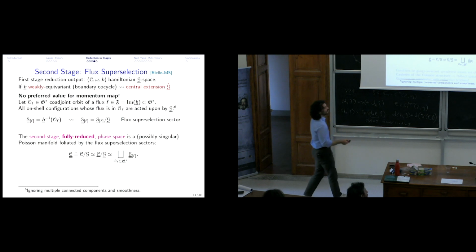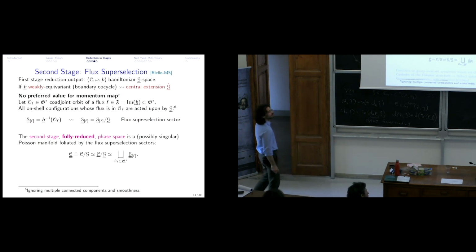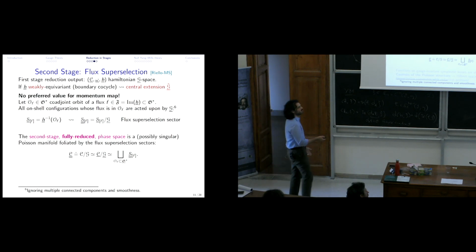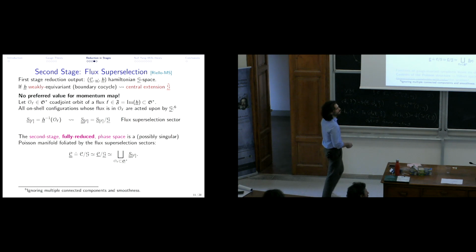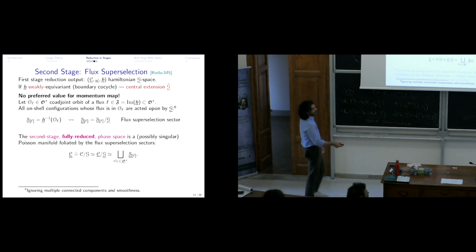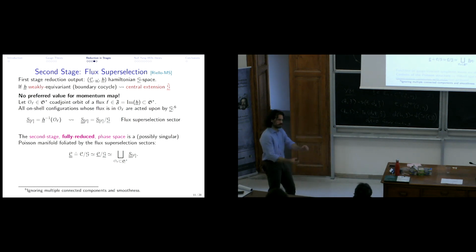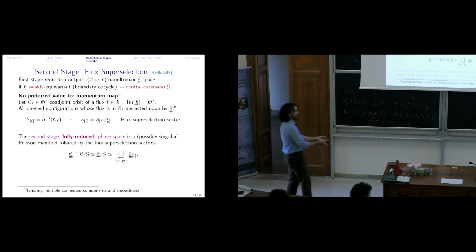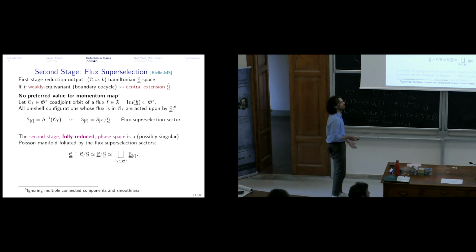So the second stage, the fully reduced phase space, is in fact now only a Poisson manifold. I should comment on this. And it's foliated by these sectors. And these sectors are labeled by the coadjoint orbits of the residual gauge group action, which is something that is supported at the corner or boundary of the boundary.